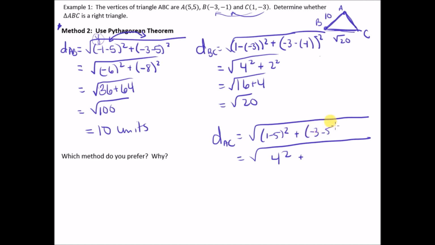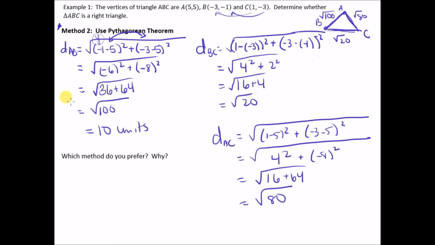Okay, negative 8 squared, which is 16 plus 64. Root 80. I put root 100. I'm going to show you why.